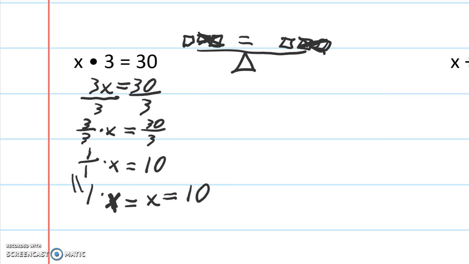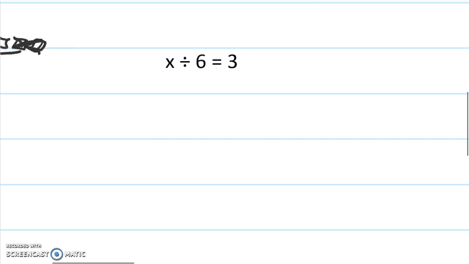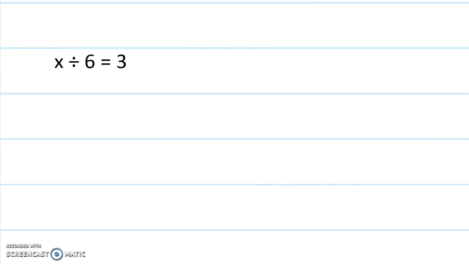Alright, we're not going to quite spend that much time on this next one. It's basically the same thing, just division. So we've got x divided by 6 equals 3. First thing we need to do is to get x by itself. And it's being divided by 6, so we need to multiply by 6 to get rid of the division. So multiplied, let's use the dot, multiplied by 6.